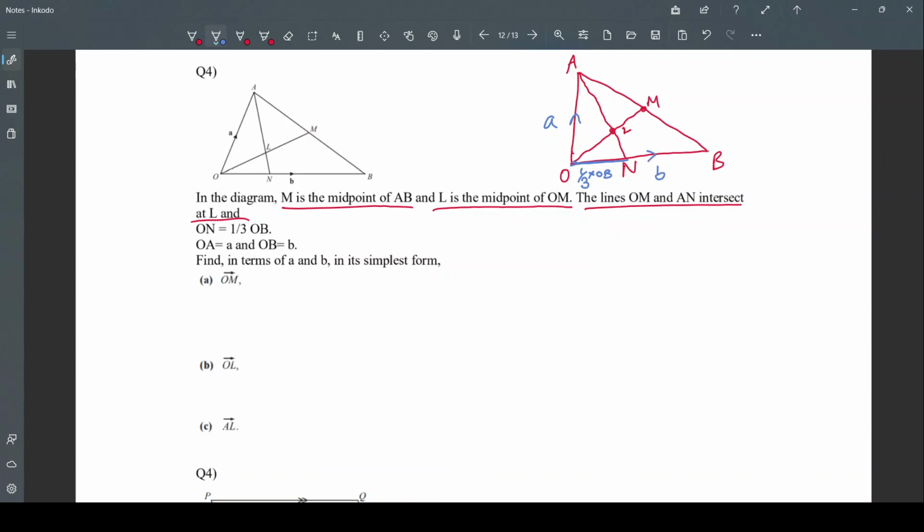So instead of OB we can write b, because OB is given as b. If OB equals b, then ON will be 1/3 of b.